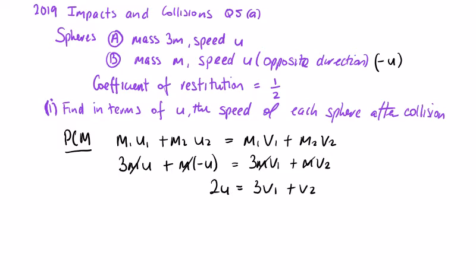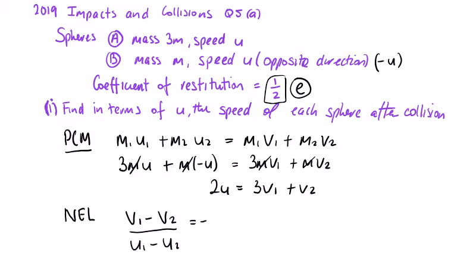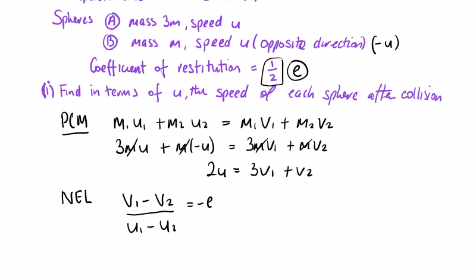Now we have Newton's experimental law of restitution, which will bring in this 1 over 2, my e. Newton's experimental law is v1 minus v2 over u1 minus u2 is equal to minus e. So we can also write this as v1 minus v2 is equal to minus e times u1 minus u2.